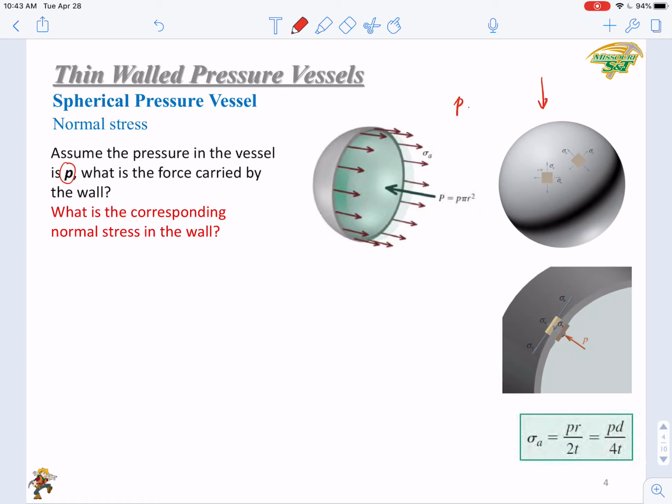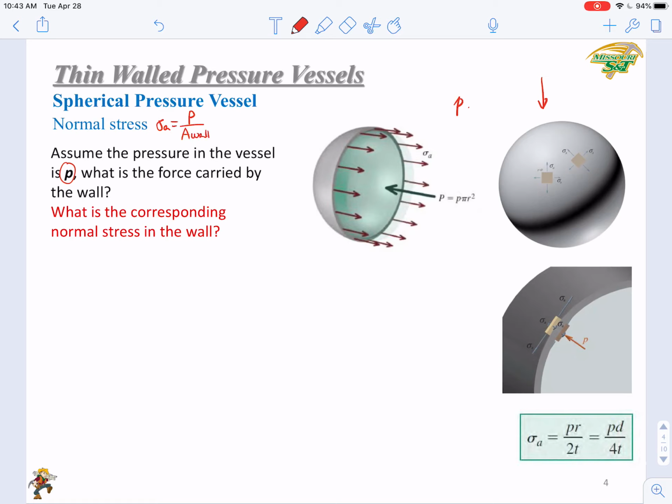Then to calculate the normal stress, you need to derive the force carried by this wall, and you need to calculate the area of the wall. So to calculate the normal stress sigma A, we need to know the force P carried by the wall and the area of the wall.